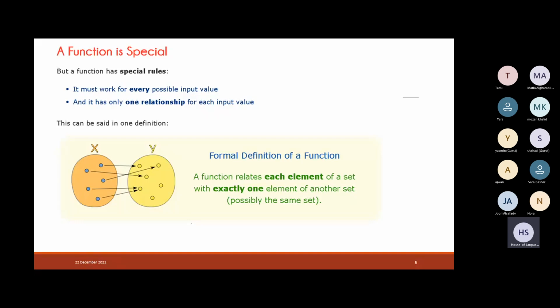And we said that we have domain, we have range, we connect between them. This is what? A relation. There's a relation between the input and the output, and this relation is expressed by an equation. It's a special case of relation.